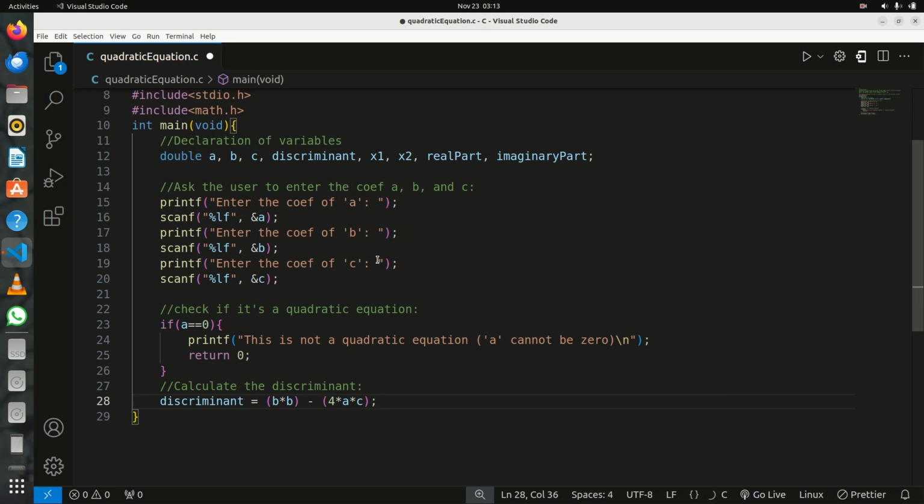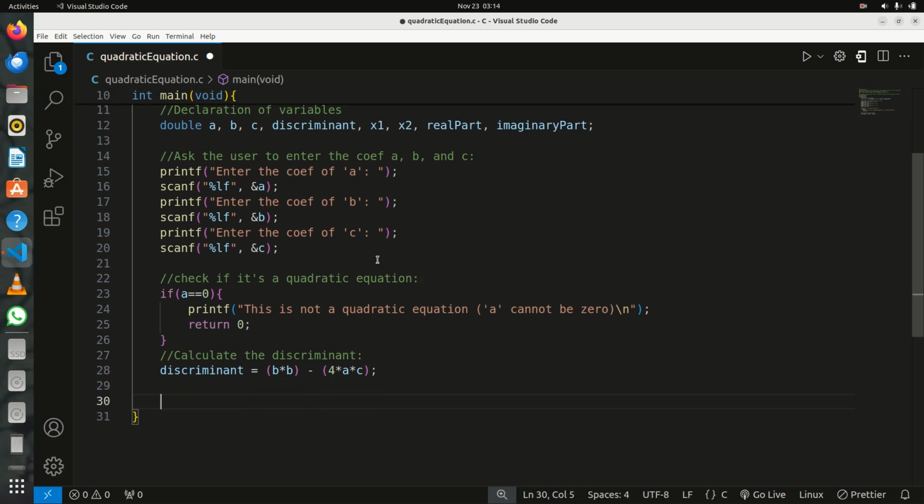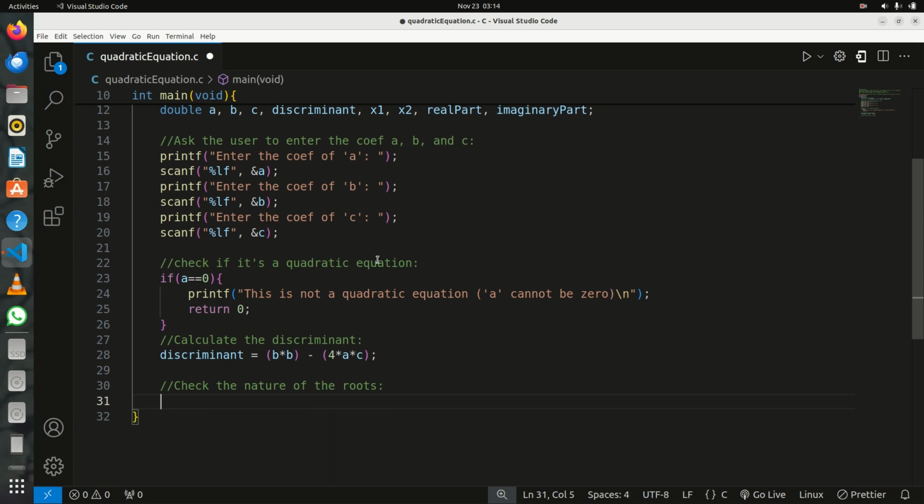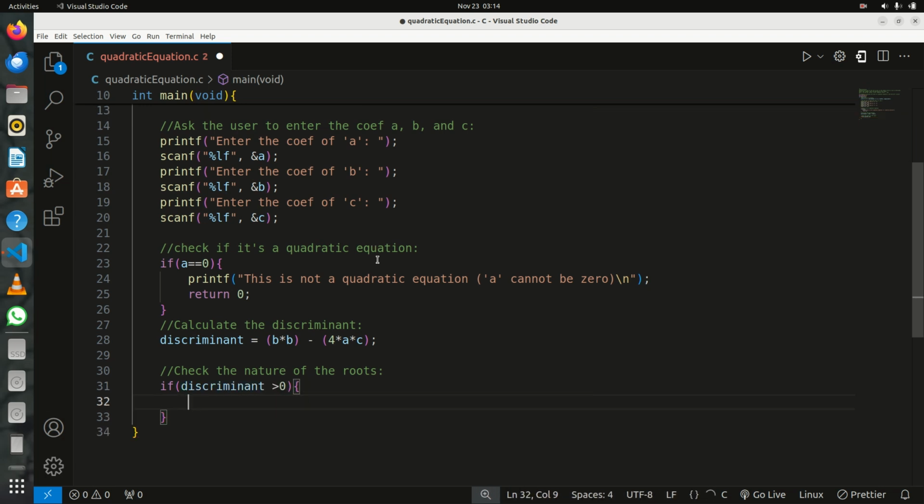Then now let us check the nature of the roots. How do we check the nature of the roots? If the discriminant is greater than 0, it means that we are going to have 2 real and distinct roots.